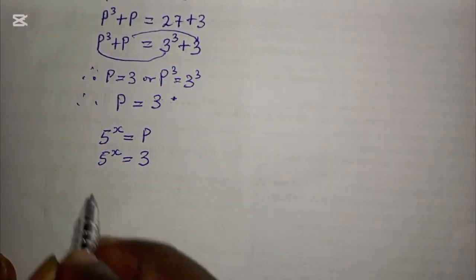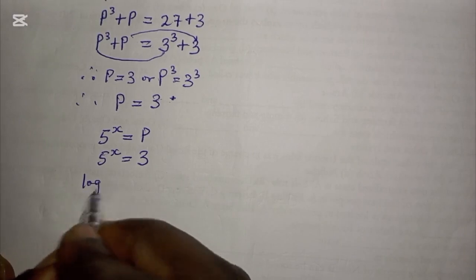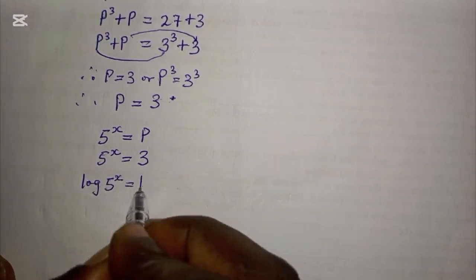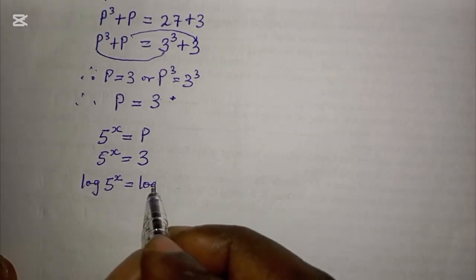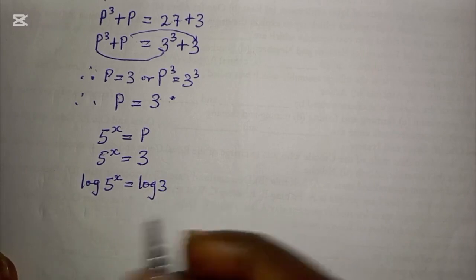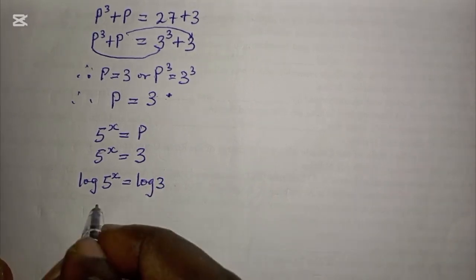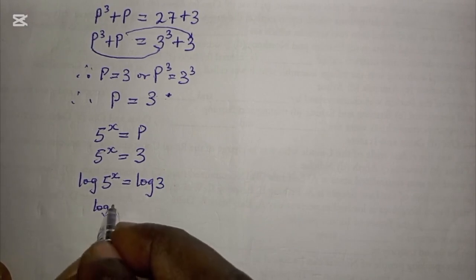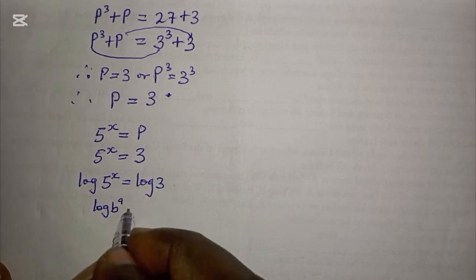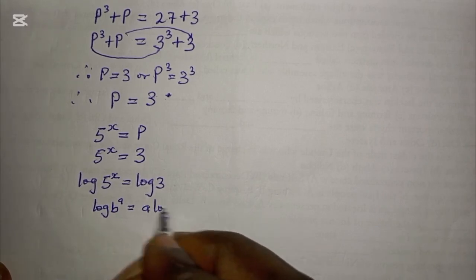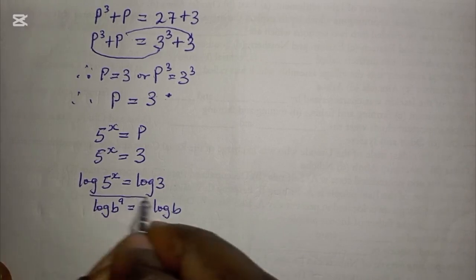Let's solve using log. Let's find the log of both sides. Log of 5 raised to the power of x equals log 3. Then we apply the power rule here. If we have log of b raised to the power of a, it will give us a log b.